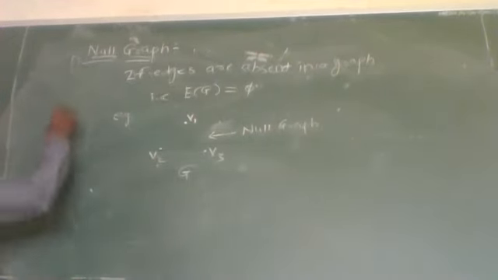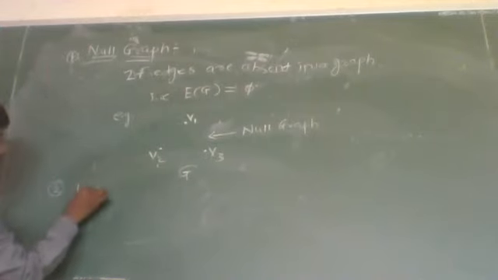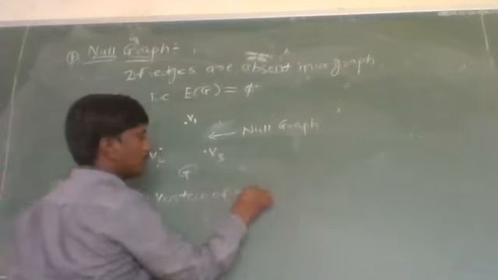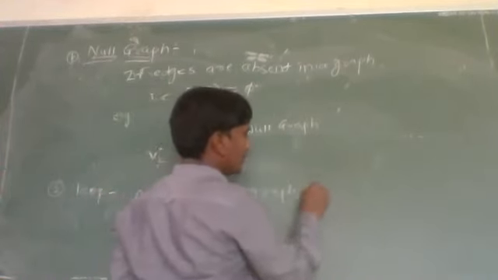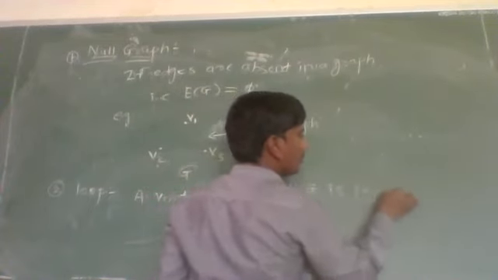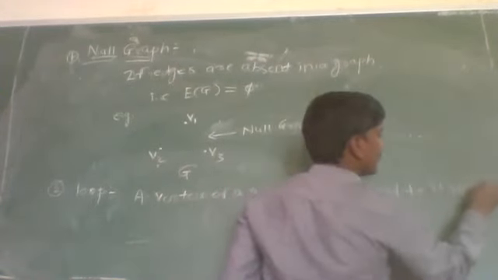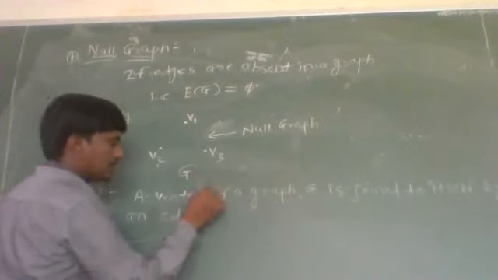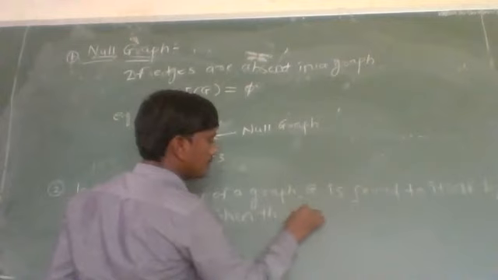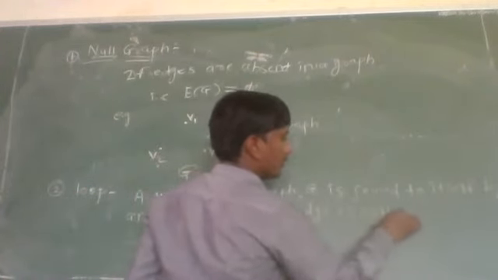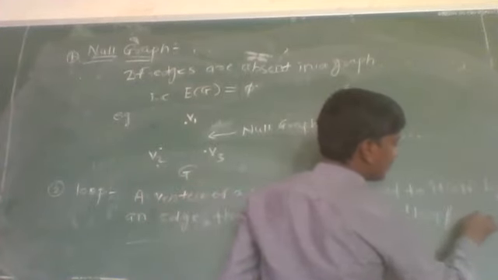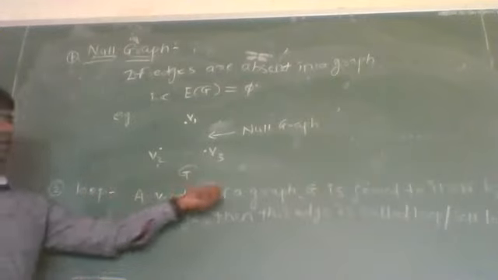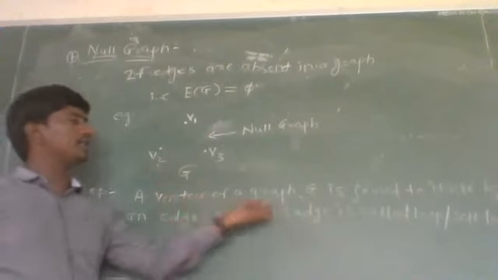Now, what is a loop? If a vertex of a graph G is joined to itself by an edge, then this edge is called a loop, or also a self loop.